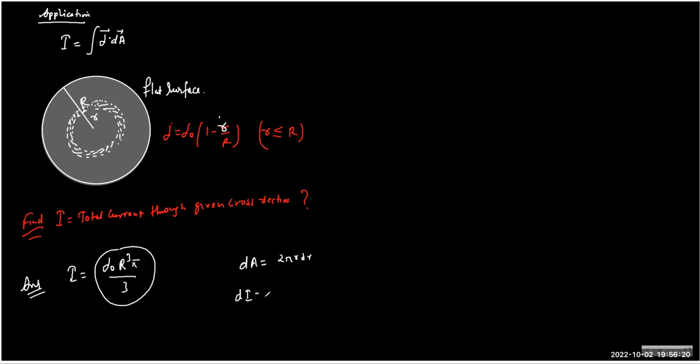The current through that element is J into dA. It's a flat surface, so we can always write J dA.